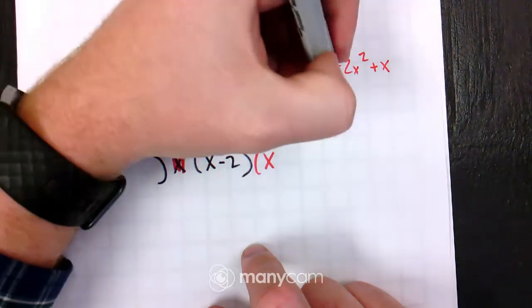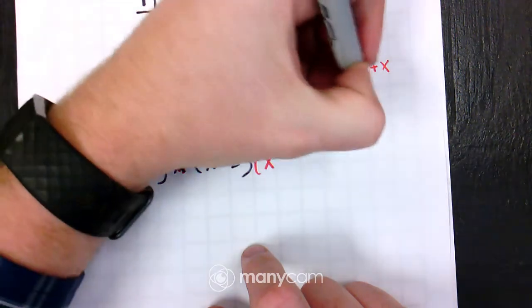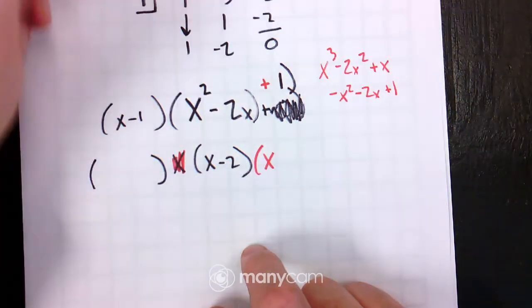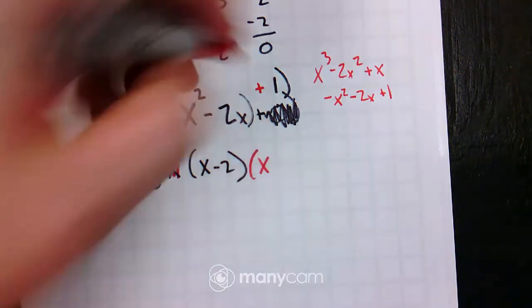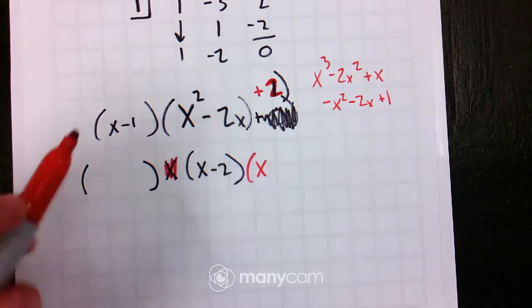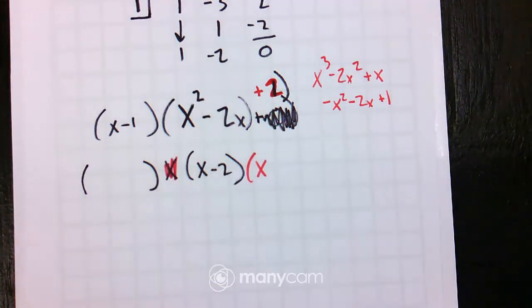And then I get negative x squared minus 2x plus 1. See, it gives me +1. So this needs to stay at 2. So that gives me x minus 1, x minus 1 again. No, I can't factor that at all.